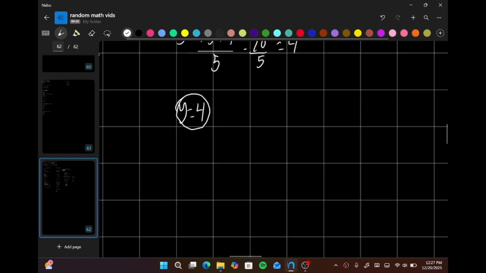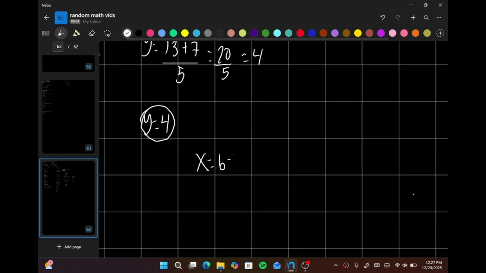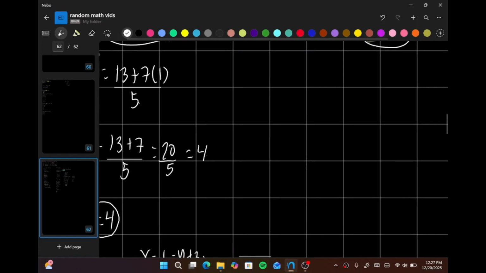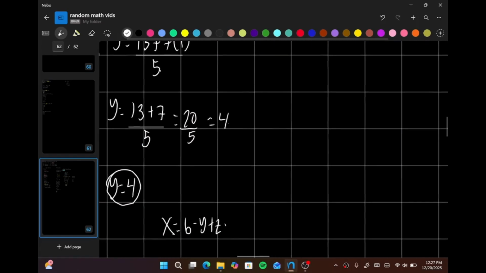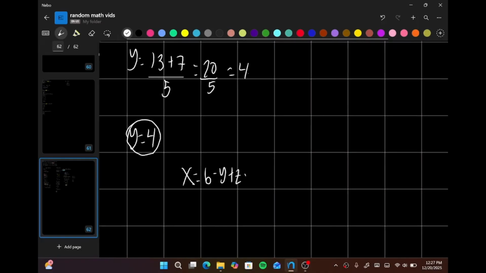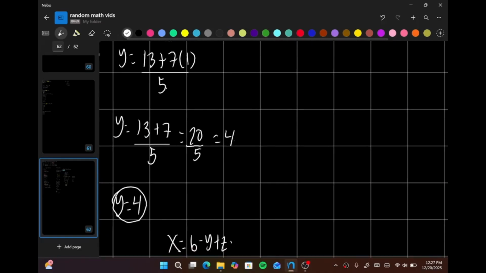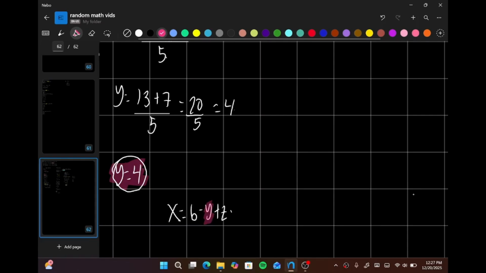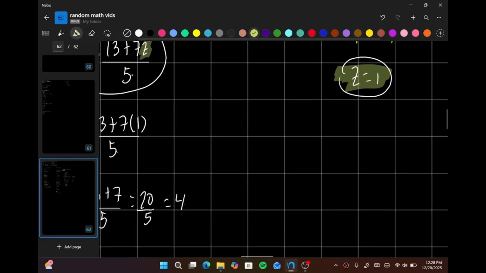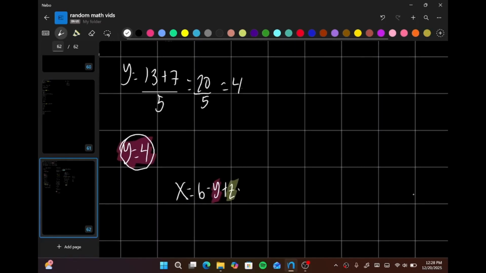So here, we're going to substitute y equals 4 and z equals 1. So substitute this here as well as this over here. So z equals 1. Again, let me write that down. So you're going to substitute this for z and 4 for y.